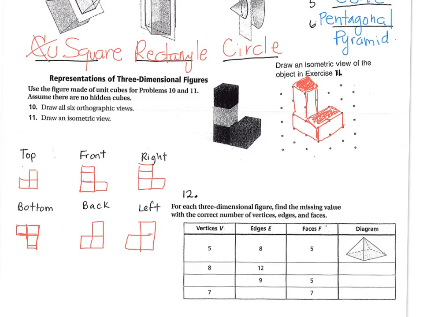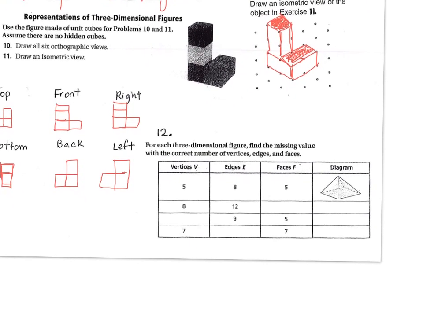Okay, and now for number 12. It says, for each 3-dimensional figure, find the missing value with the correct number of vertices, edges, and faces. So first of all, to find the faces, as you know, Euler's formula is vertices minus edges plus faces, and that is supposed to be 2.